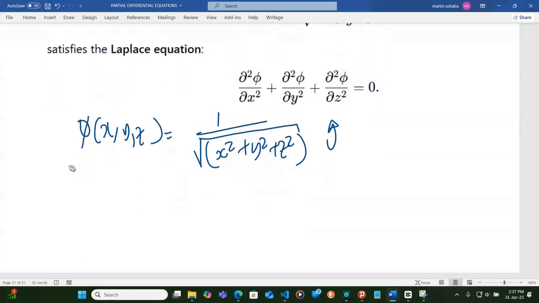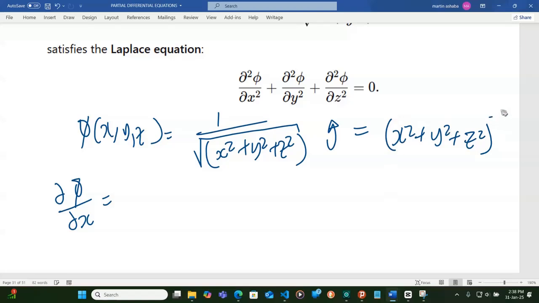What is del phi by del x? Remember, for simplicity we can write the function as (x squared plus y squared plus z squared) to the power negative a half. It still remains the same. If I partially differentiate here, I keep y squared and z squared constant and differentiate x squared, so I get 2x from differentiating what is inside.